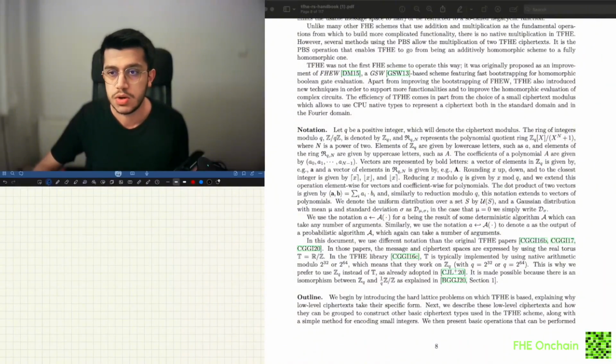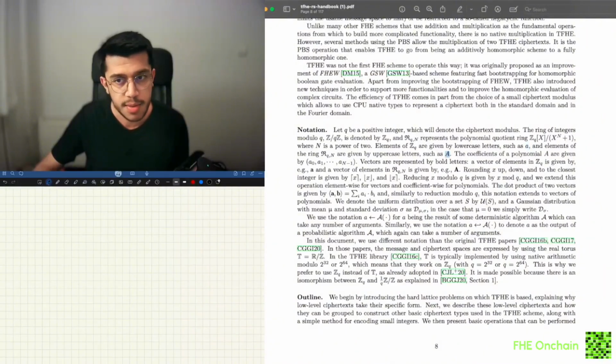Also, we will denote the elements of ZQ by lowercase letters like small a. The elements of the ring are going to be given by uppercase letters such as capital A, and the coefficients of a polynomial a are given by these a0 to a_{n-1}.